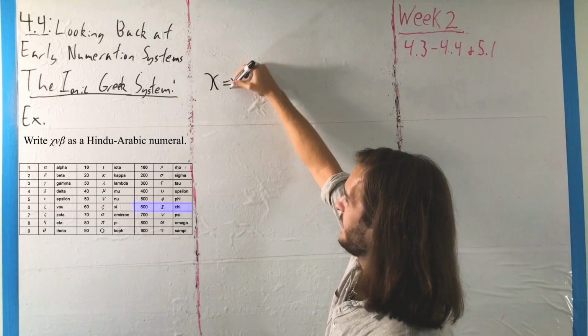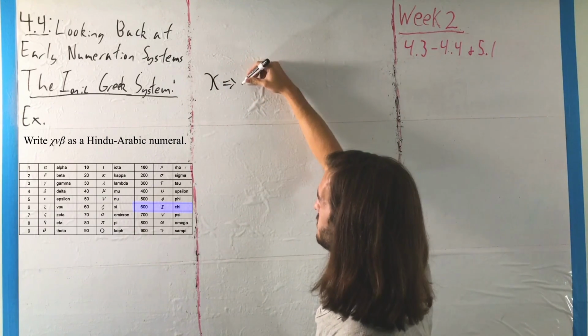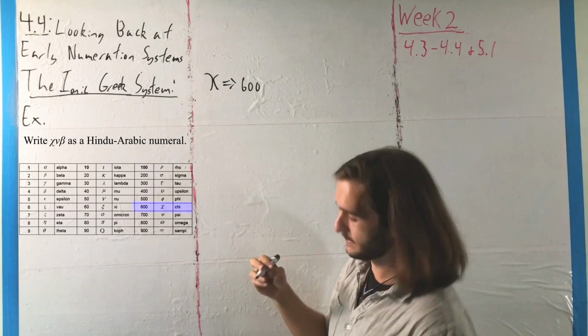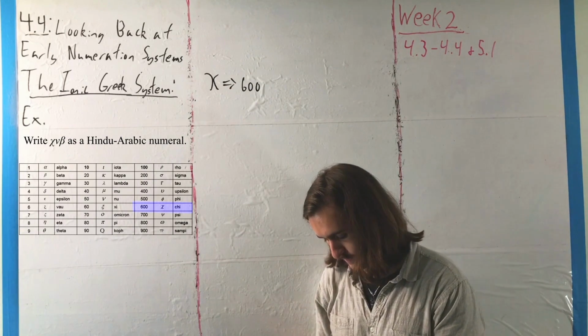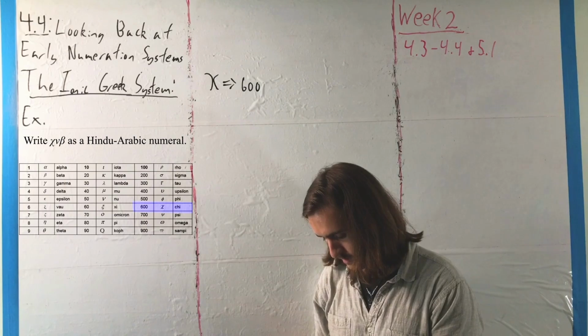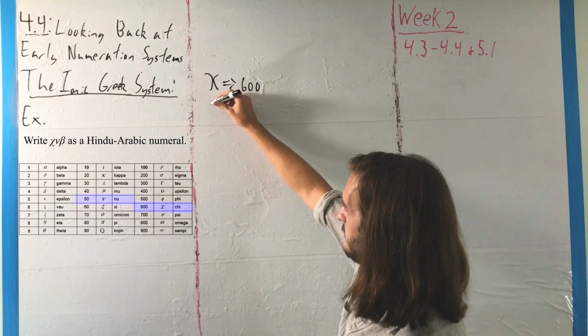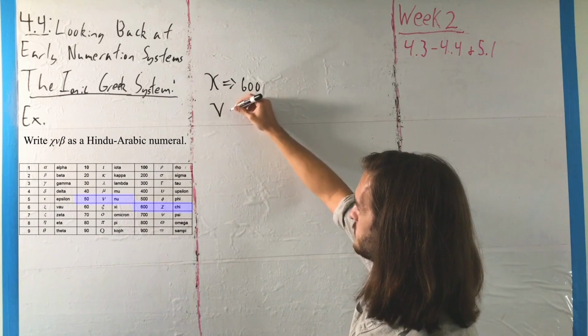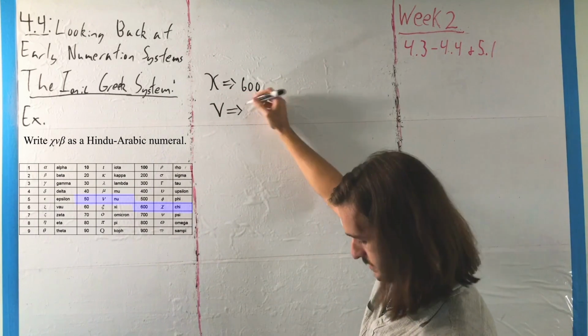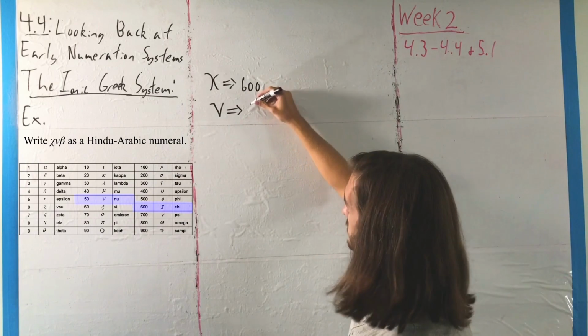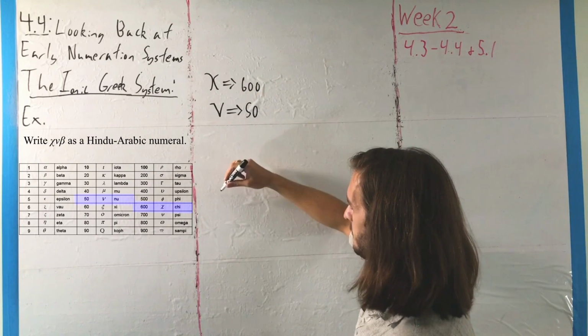But that's not so bad, at least for me. Chi was never one I was very good at. But we have chi is 600, and then nu, it's a convenient one, looks a lot like a V, except there's a little bit of an extra thing in there. But nu is 50.